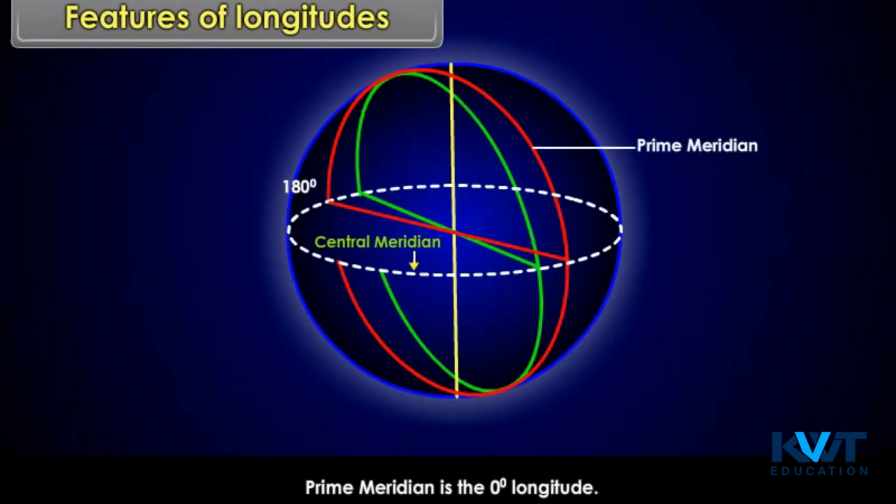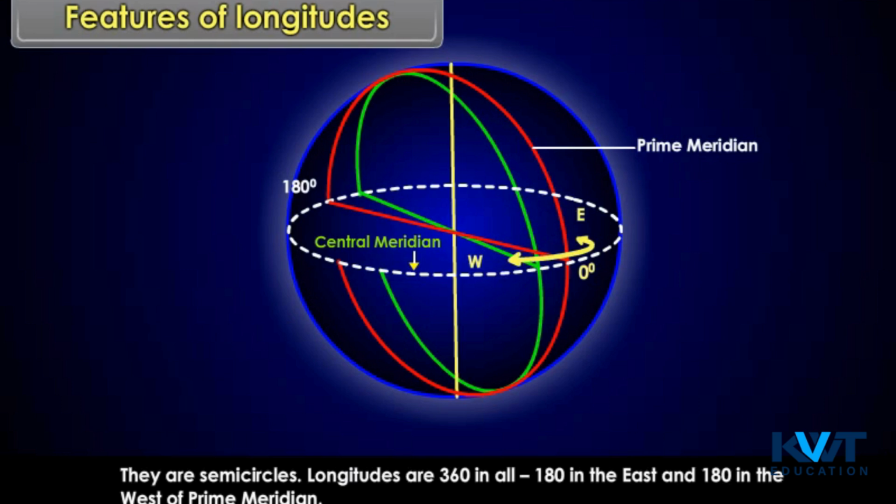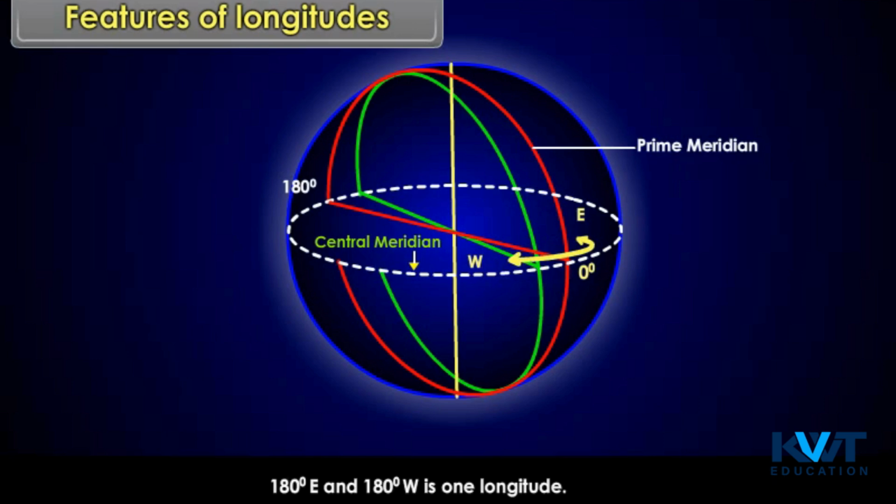Prime meridian is the 0 degree longitude. It divides the earth into eastern and western hemispheres. They are semicircles. Longitudes are 360 in all, 180 in the east and 180 in the west of prime meridian. 180 degrees east and 180 degrees west is one longitude.